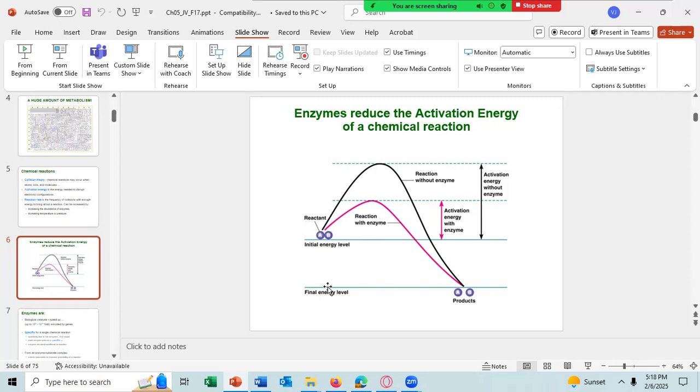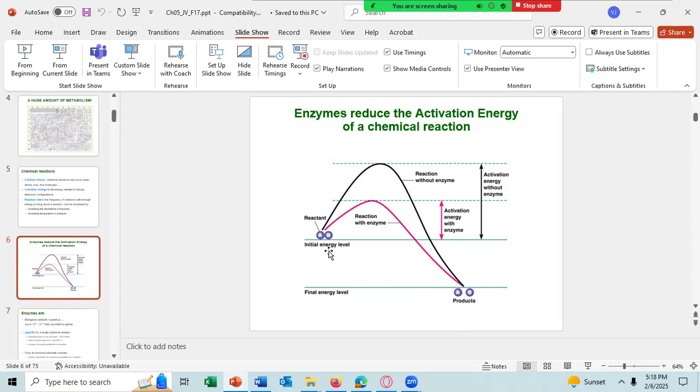But to go from the reactant to the products, we have to go over an energy hump, meaning AB, like sucrose, can be made into A plus B, meaning glucose and fructose.